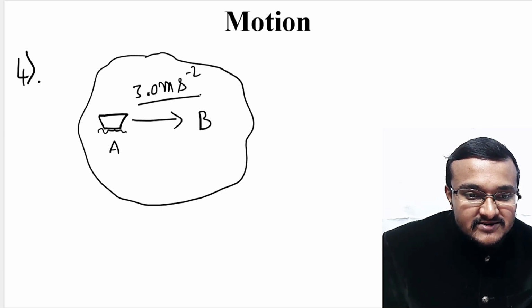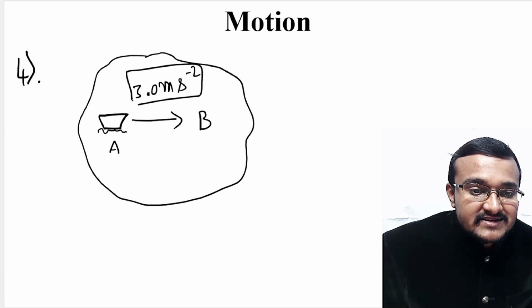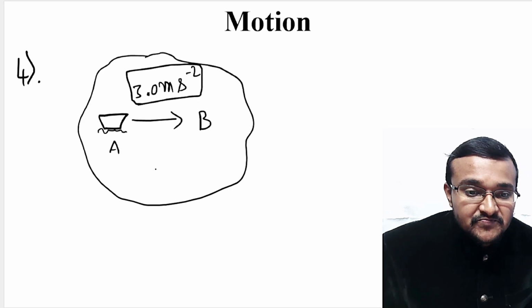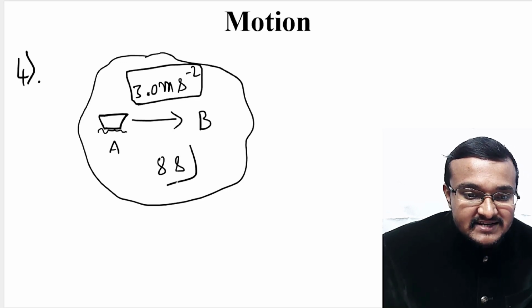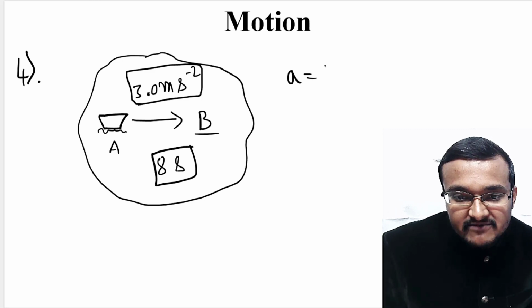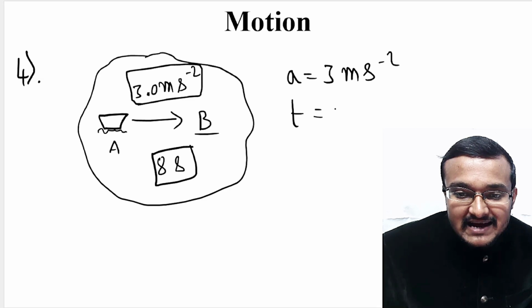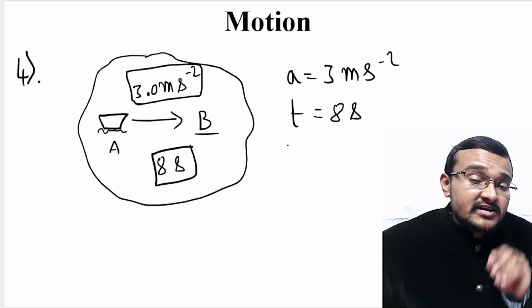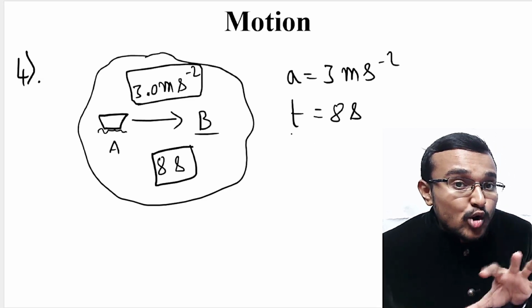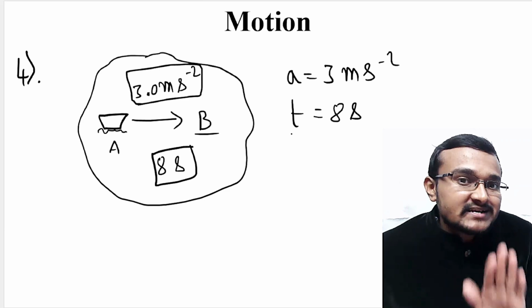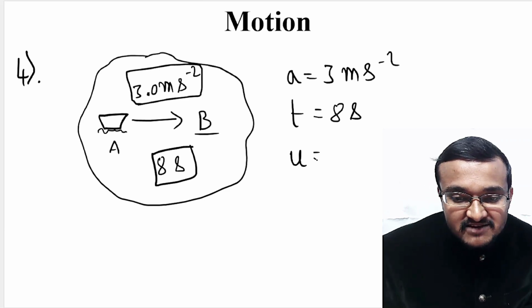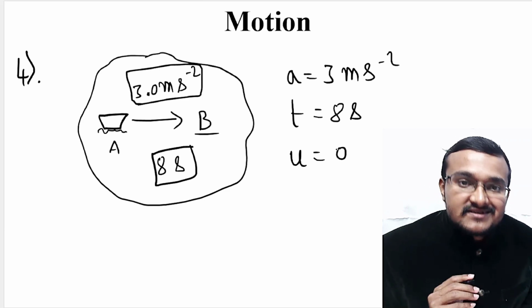So here it is accelerating at 3 meter per second square, and it has traveled for 8 seconds to reach point B. That means they have given acceleration, 3 meter per second square, and time as 8 seconds. And here you should notice that the boat was at rest before it came into motion, so the initial velocity is also given, that is 0.